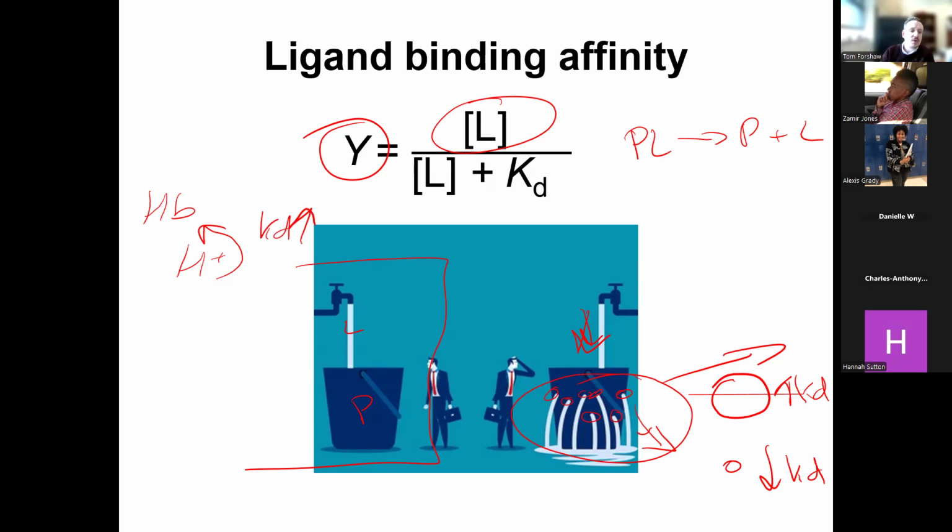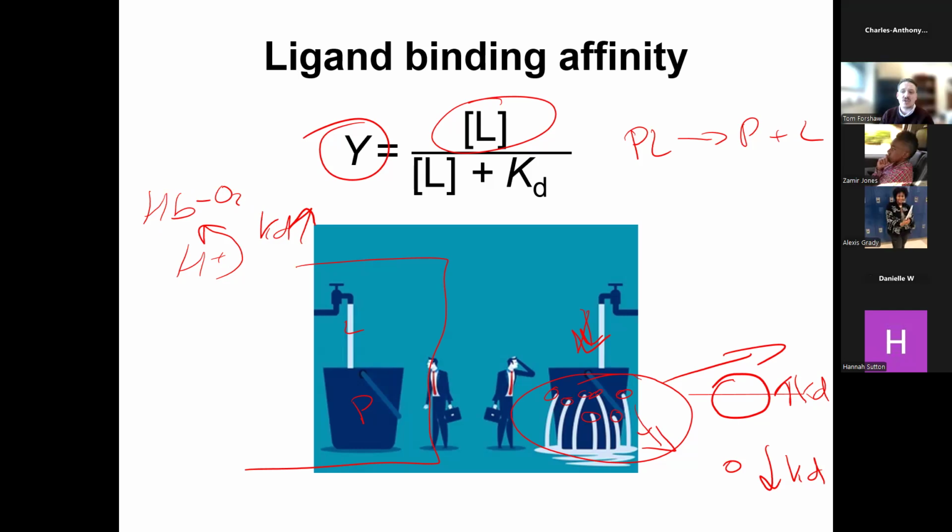If protons cause the KD value of the hemoglobin O2 complex to increase, what's going to happen to the complex? Yeah, so if the KD value increases because the environment has caused it to increase, what's going to happen to the hemoglobin oxygen complex?